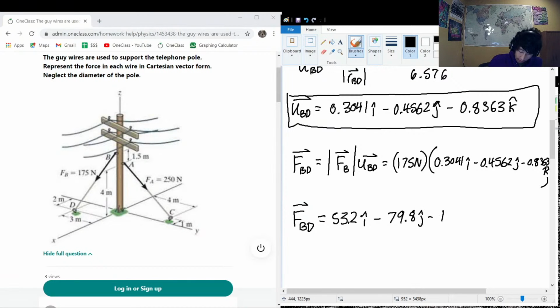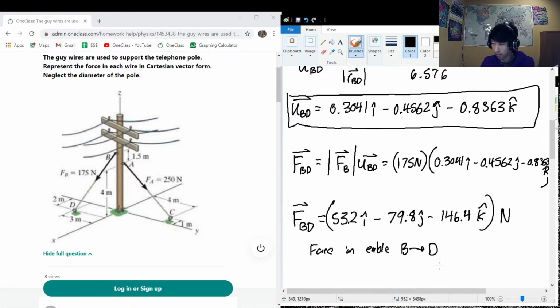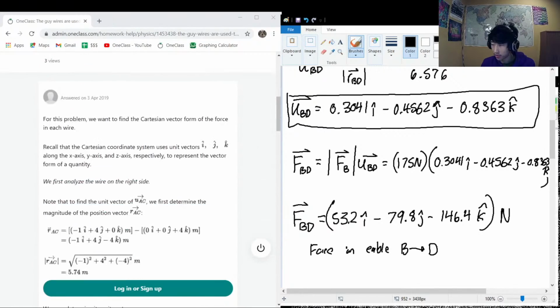This will give us 146.4 in the K direction. And this will be newtons. And this will be the force in cable B to D.